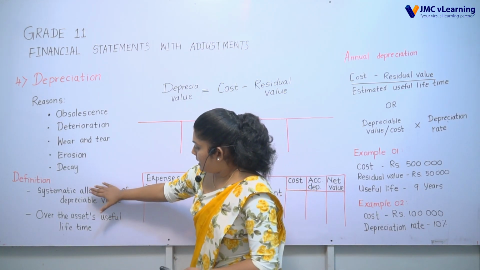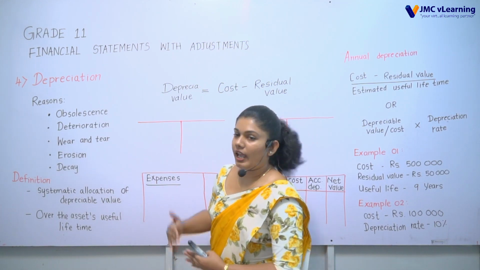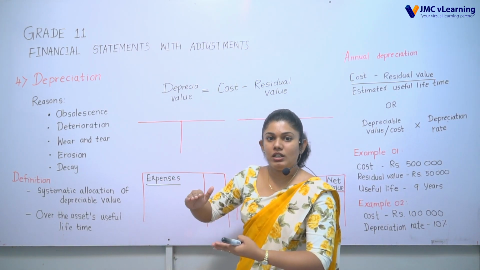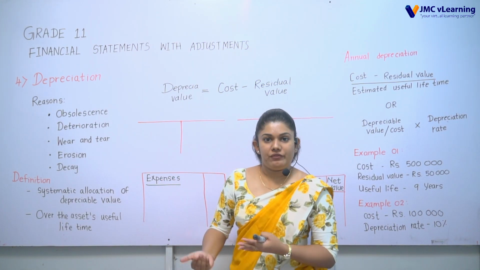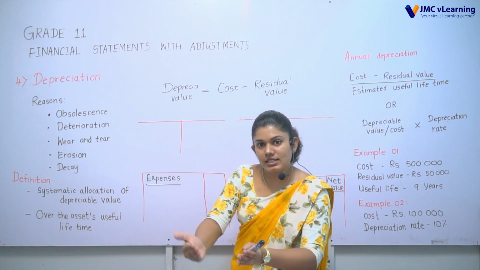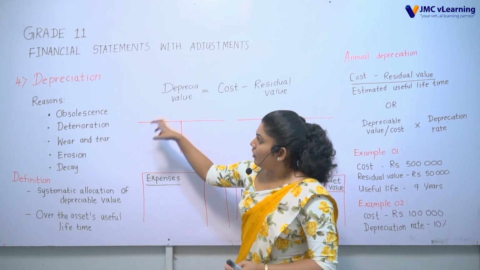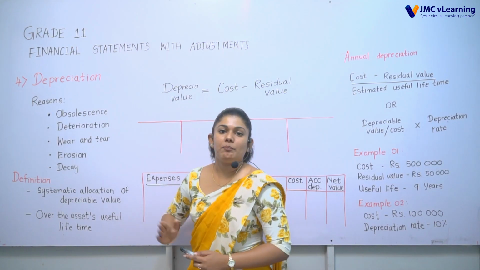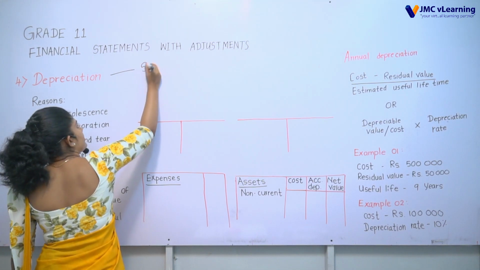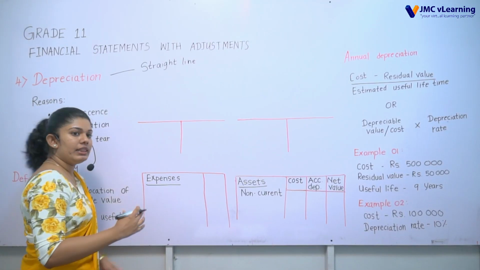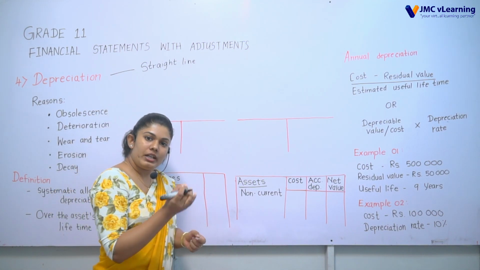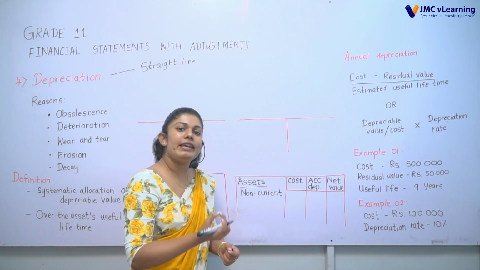So just keep in mind, it's a systematic allocation. We allocate it proportionally, with a basis, over its useful lifetime. When calculating depreciation, we have two methods. One is the straight line method, where we assume a fixed proportion of depreciation is charged for each year.